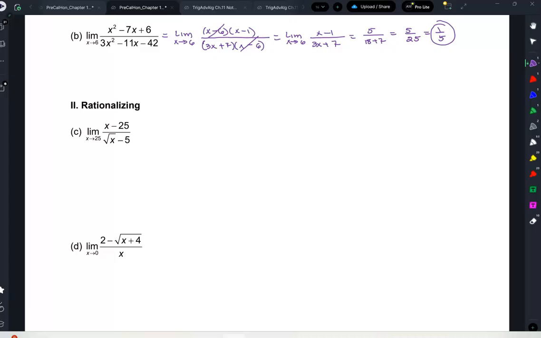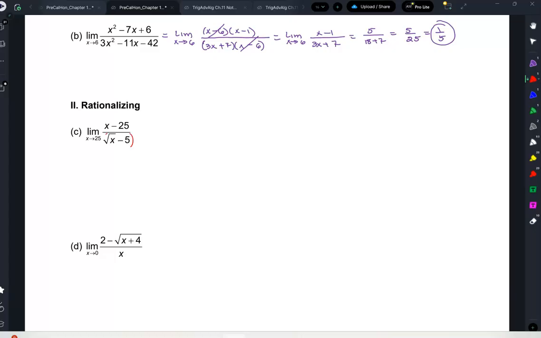Well, what you do when you have a square root situation like this is you rationalize. Now, I know we've always said rationalize the denominator, but in this situation, you can rationalize top or bottom. You just have to rationalize something.